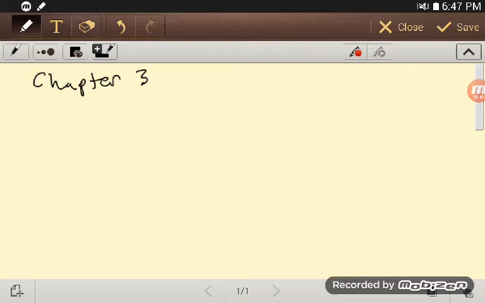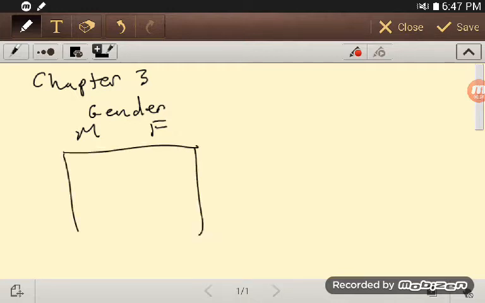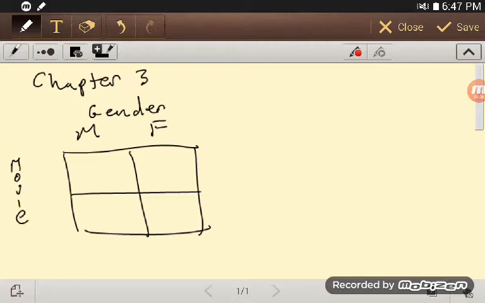And so we might do something like, okay, here's gender, we'll go with male, female just to make things easier, and movie choice also just going with two things. So here's our movie choice, and maybe something like romantic and comedy. I don't know what you do about a romantic comedy, but at any rate, we've got romantic and comedy.